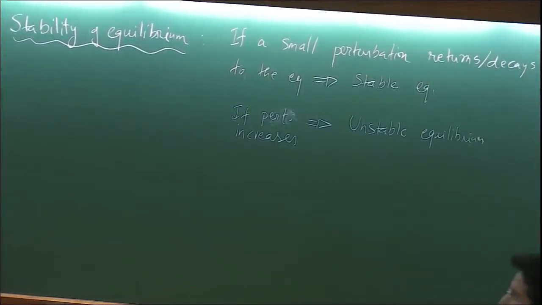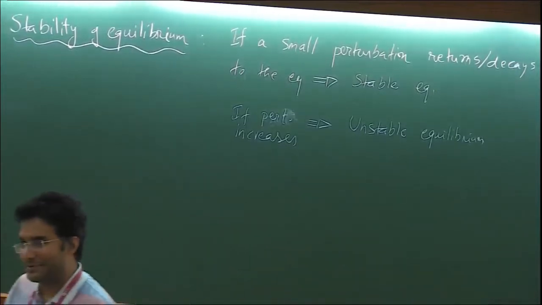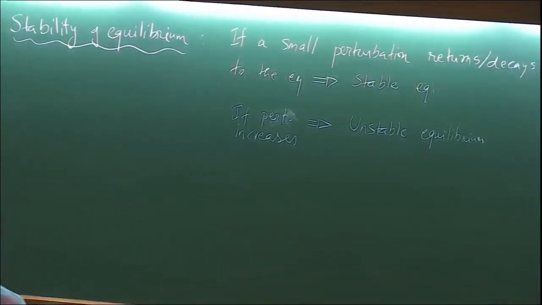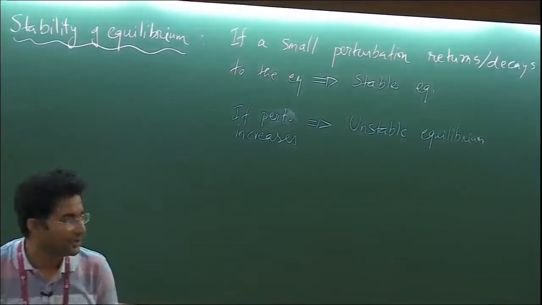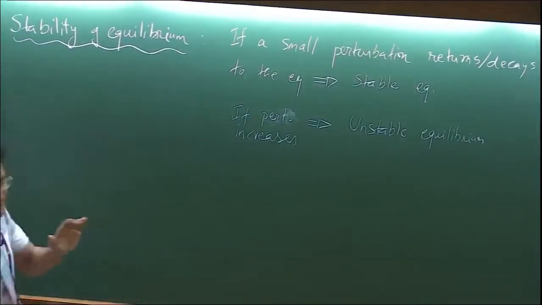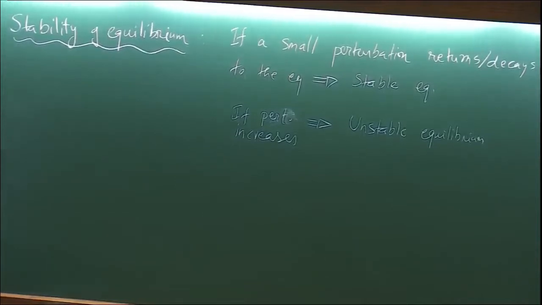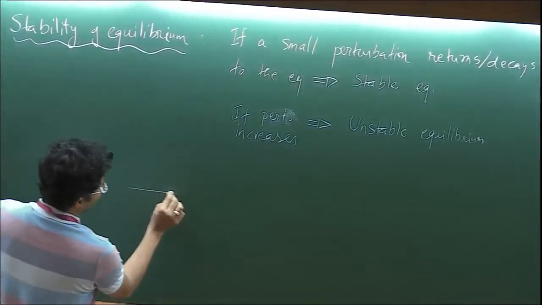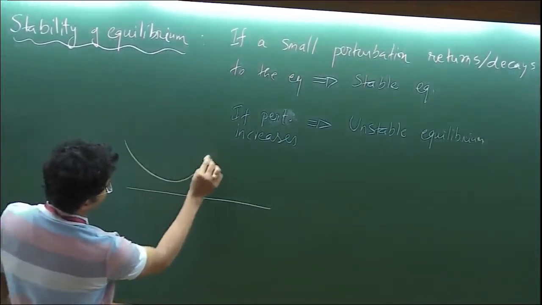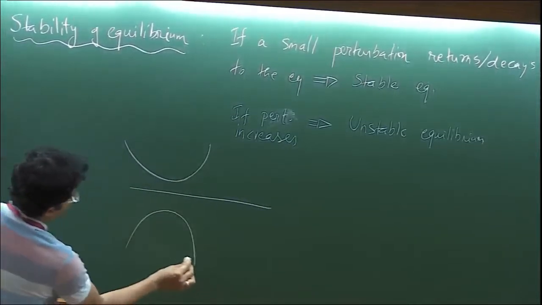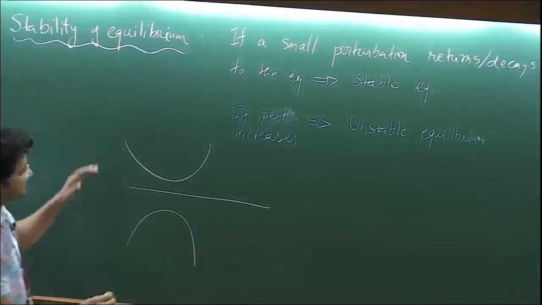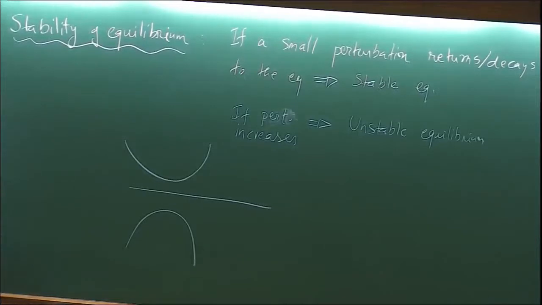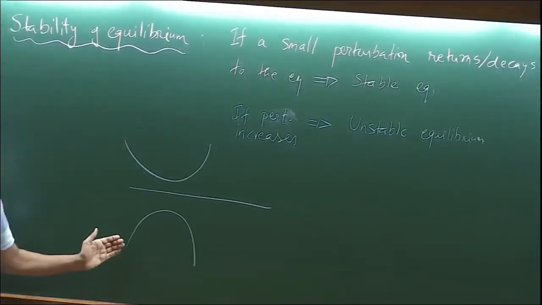So neutral equilibrium means that if I make a perturbation, it neither increases with time, nor does it return to the original equilibrium. One analogy you can think of, which is not very accurate for these types of models but still holds, is these three scenarios. Think of them as bowls of various shapes.